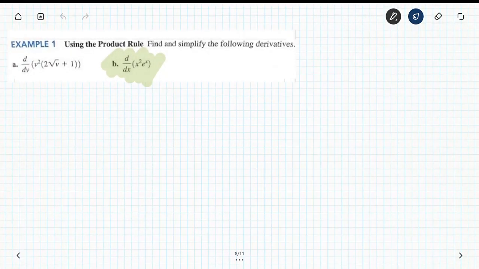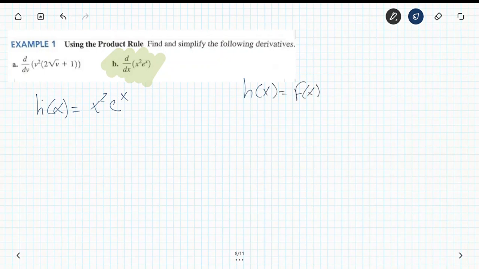Here we have, instead of a function depending on v, a function h of x depending, of course, on x. So that's x squared e to the x. And we can think of h of x as the product of two functions, f of x times g of x. And so we want to find h prime of x, which we don't know, but we do know the product rule.